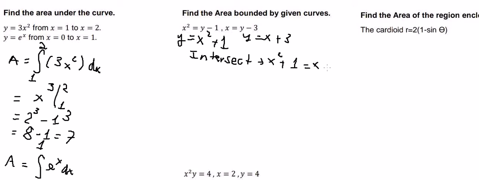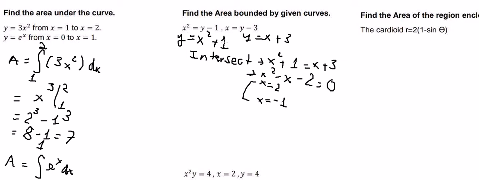So we put everything in here, go to the left, and you get x squared minus x minus 2. So you get x equals 2, x equals negative 1.